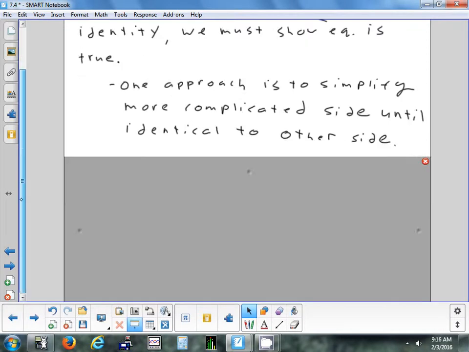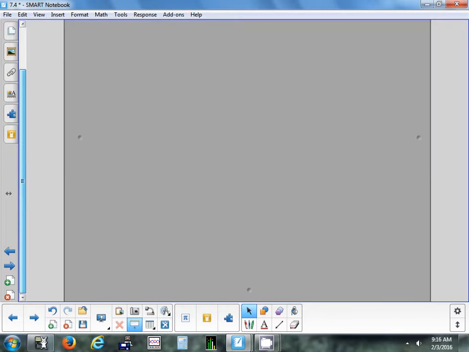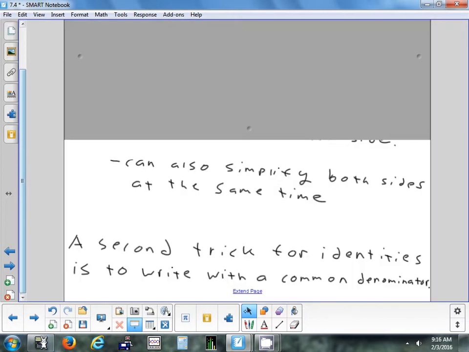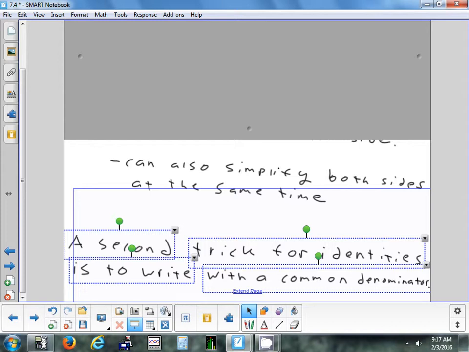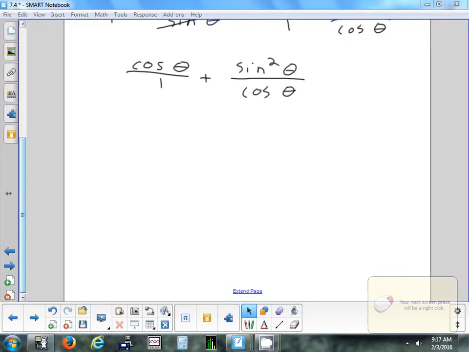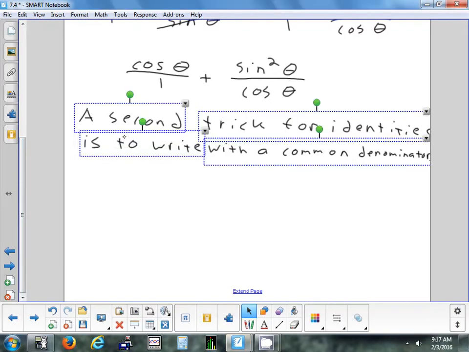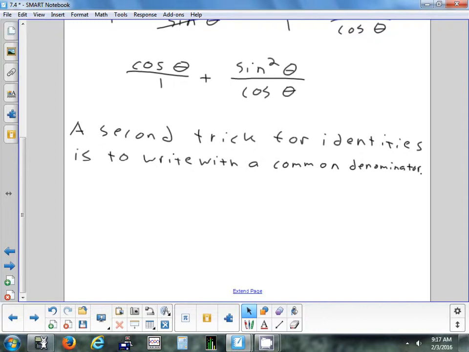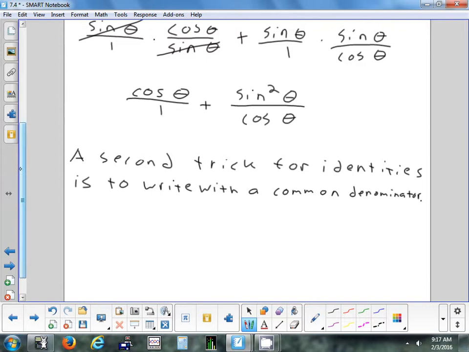Okay, and that's our second trick, which I'm going to copy and paste right into this problem. Without this trick, we would be stuck at this point. So a second trick for identities is to write with a common denominator.